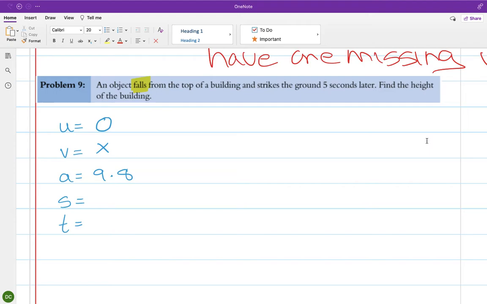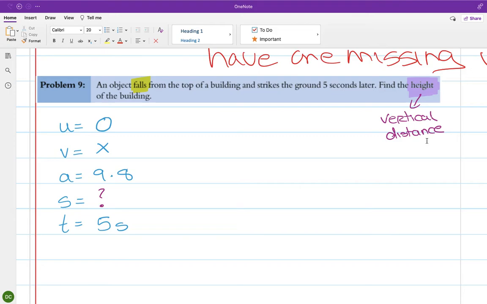S, remember, is the distance, and they're asking us here for a height. A height is just a vertical distance, so that's our question mark. That's what we're trying to figure out. And the time we are given: it says the time is 5 seconds.